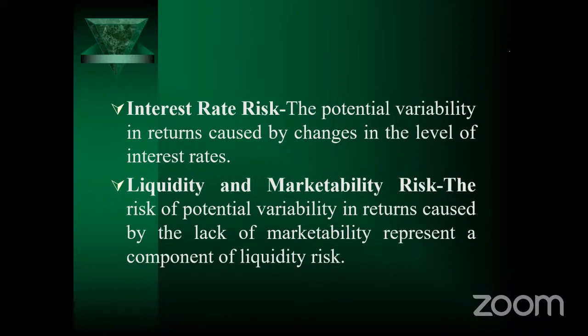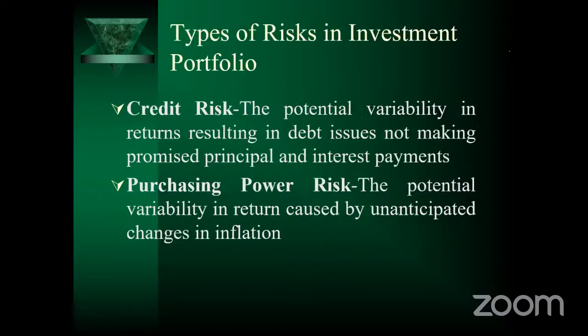Just tell me yes or no. We have already discussed various types of systematic as well as unsystematic risk. So all these risks are coming under the systematic as well as unsystematic risk.